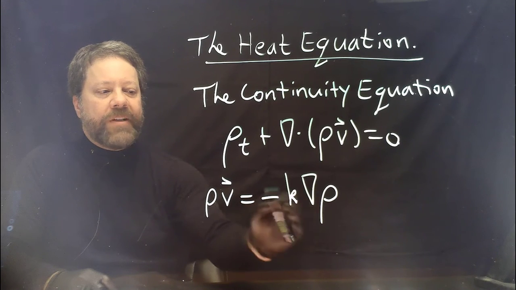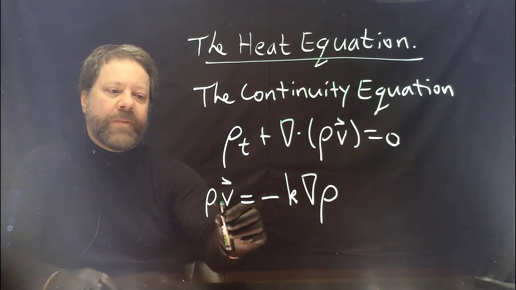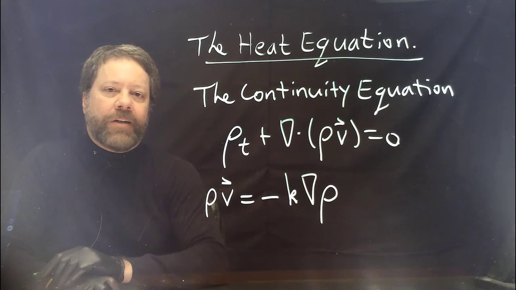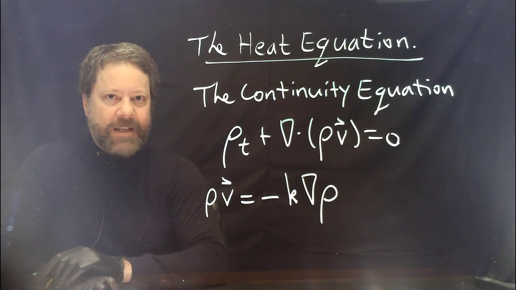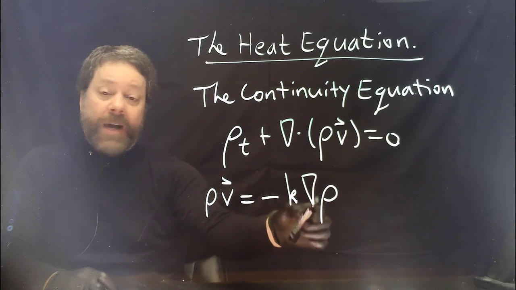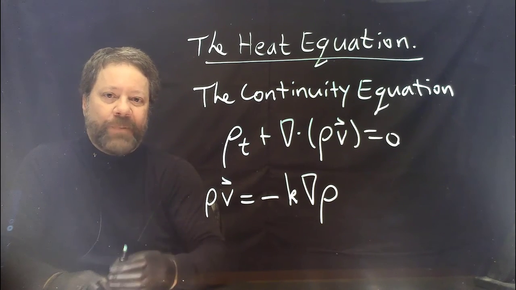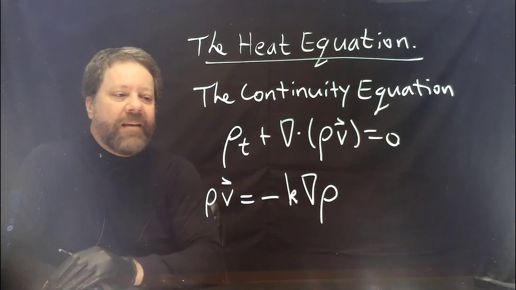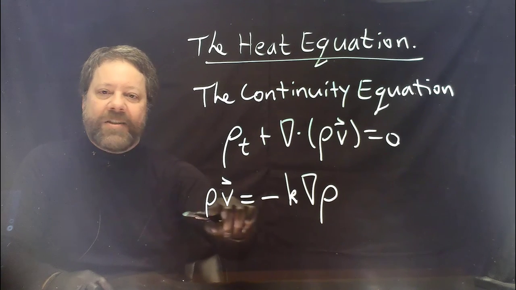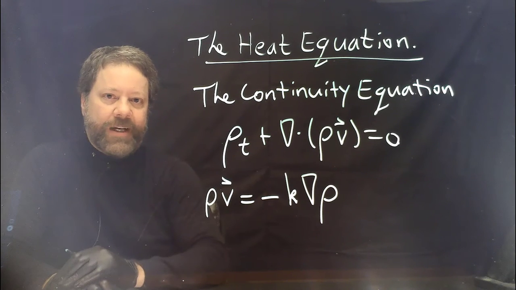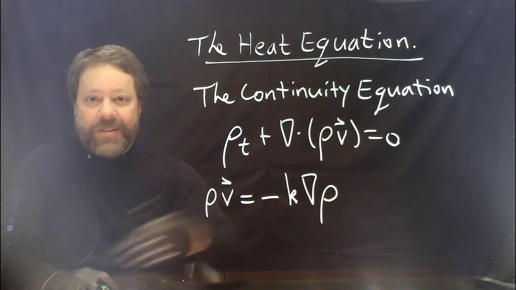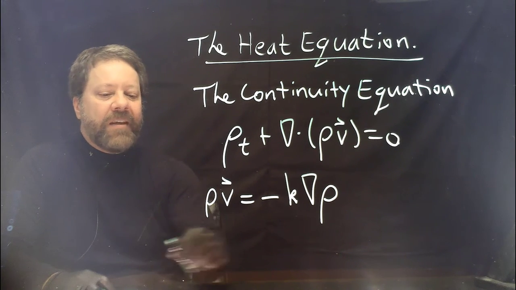If we assume this equation holds, we assume that the mass is transported in the opposite of the direction of the gradient of the density. If the gradient points in the direction of the maximal increase in the accumulation of this density, then we're assuming that the mass is transported in the direction of greatest decrease in that density.